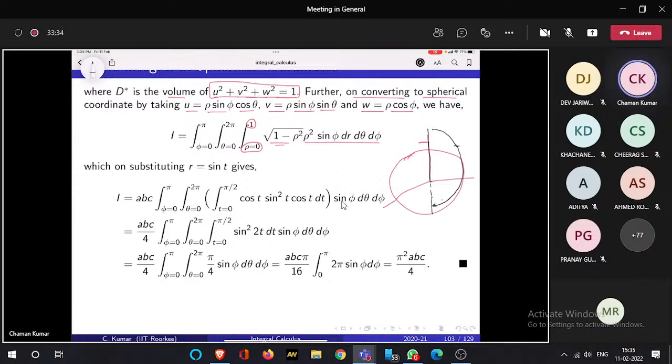So that means the range of phi will be 0 to pi, because this full rotation from here to here is 0 to pi. And then the projection of this sphere in the xy plane will be a circle of radius 1. So to cover the entire circle, the value of theta will vary from 0 to 2 pi. So you have this range.